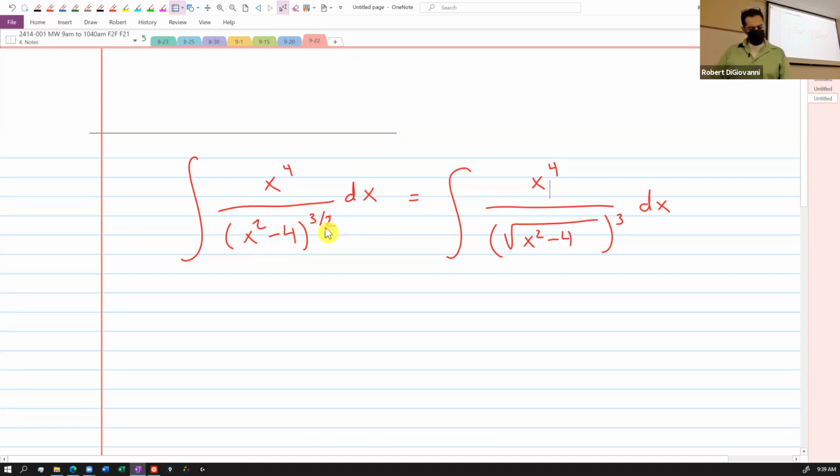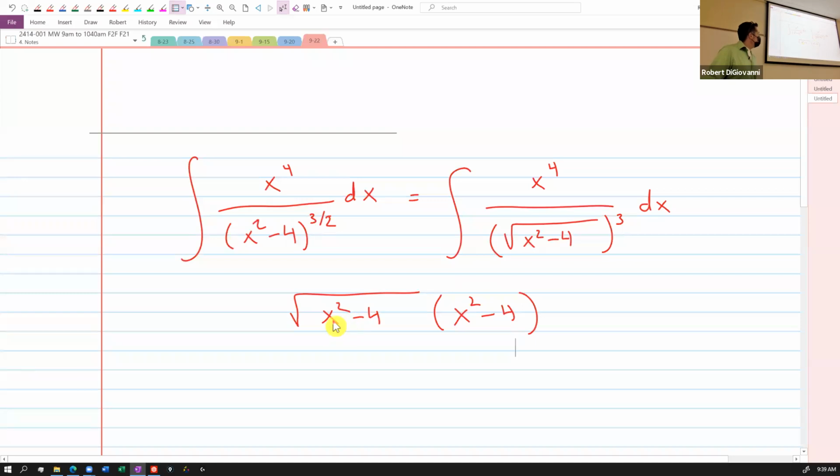I think you're saying take one square root out and then keep one. Do this times this. Yes, you could. And then this would be your trig sub right here.